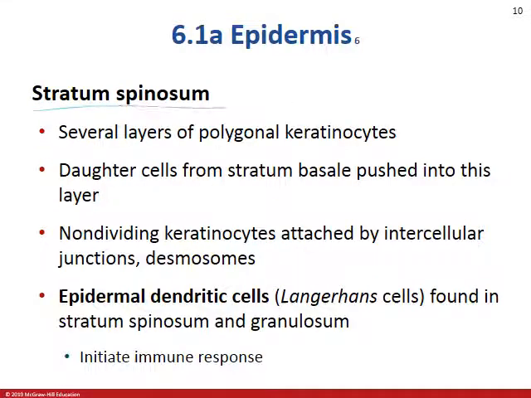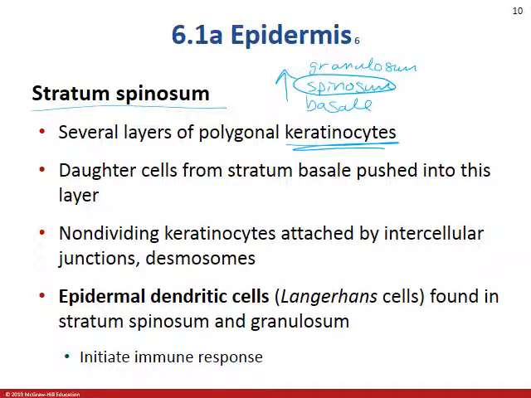The next layer is the stratum spinosum. So we're kind of moving up, right? We have the stratum basal or basal, and then we have our spinosum. Next, we're going to see granulosum. Okay, so we're here at spinosum. These are still keratinocytes. And I want you to realize that these are being pushed up as the cells in the lower stratum divide.